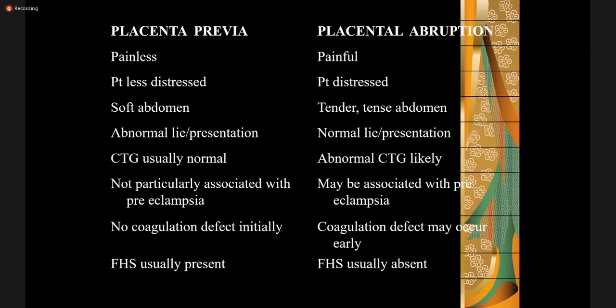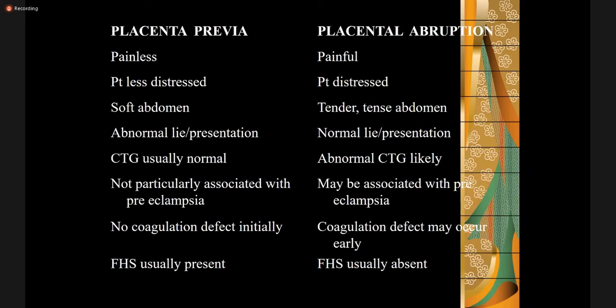In placental abruption, always remember it is the partial detachment of a normally situated placenta. The placenta is present in its normal place, but it is partially detached or disrupted due to some event. So the fetal lie will be normal. Even the head may be engaged, not free floating. But in placenta previa, because the lower segment is occupied by the placenta, the head may be free.